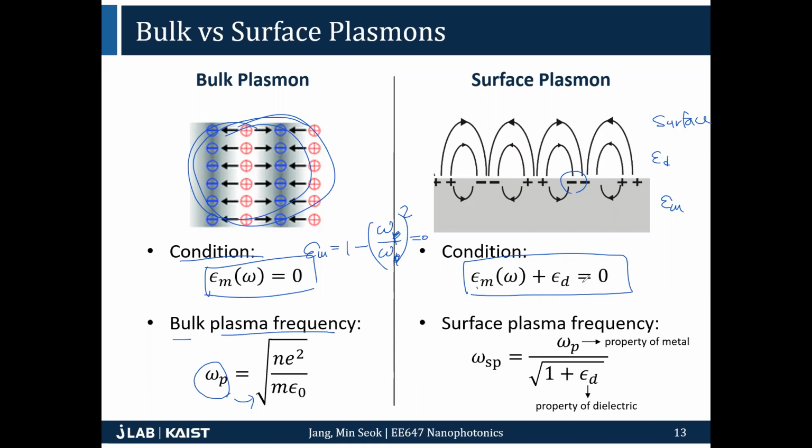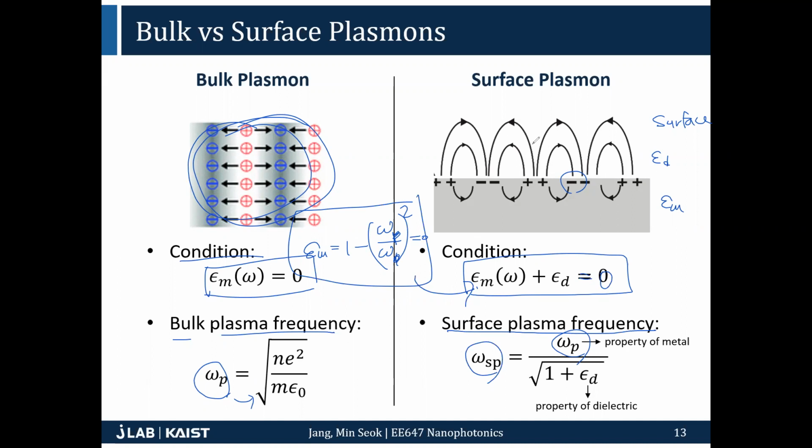If this becomes zero, then surface plasmon resonance occurs. So in a sense, it's reasonable. And the frequency of surface plasmon resonance is lower than the actual plasma frequency, because all you need to do is apply this equation to obtain the surface plasmon condition.